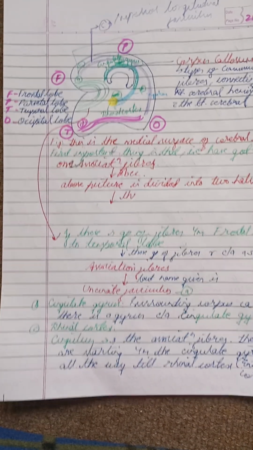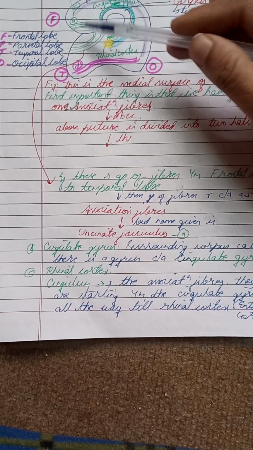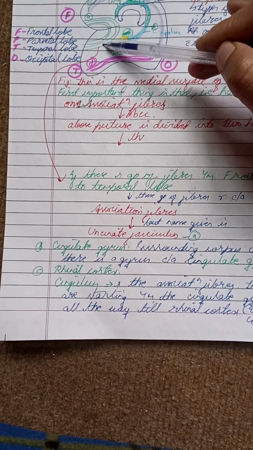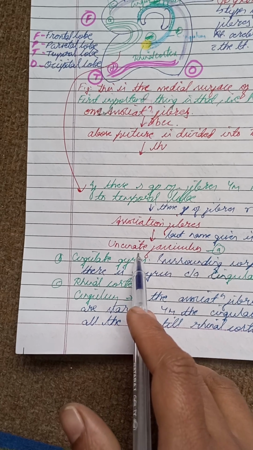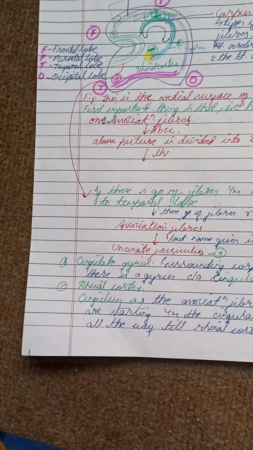So if there is a group of fibers from the frontal lobe to the temporal lobe, this group of fibers is an association fiber, but the name given is the uncinate process.